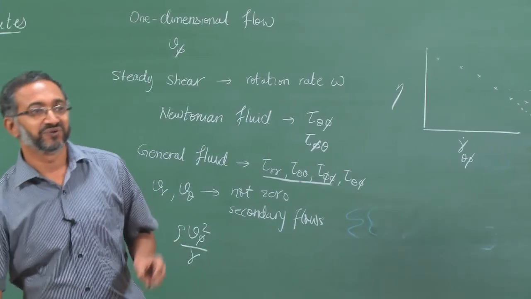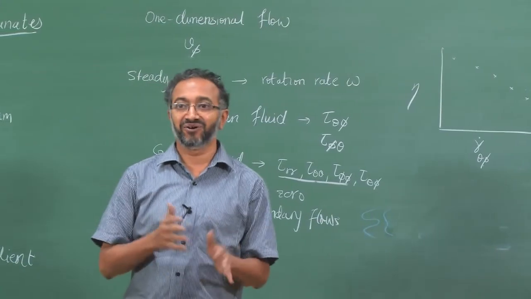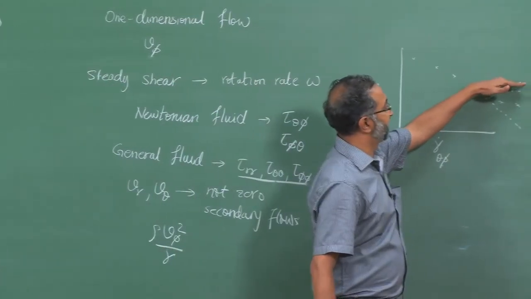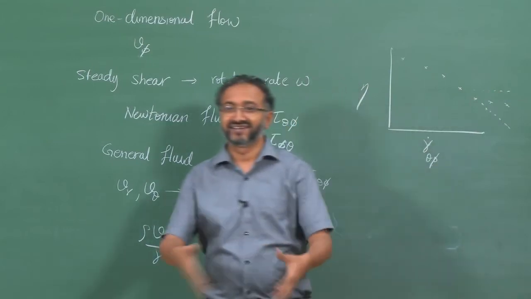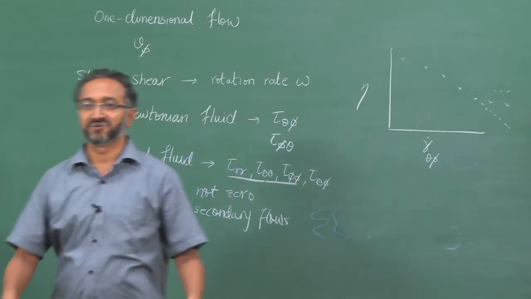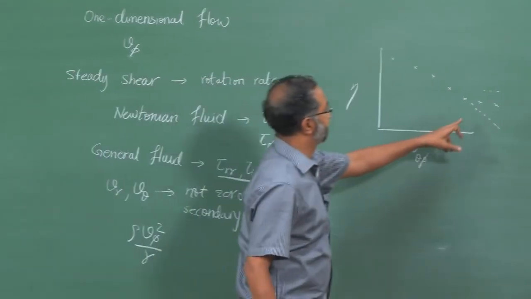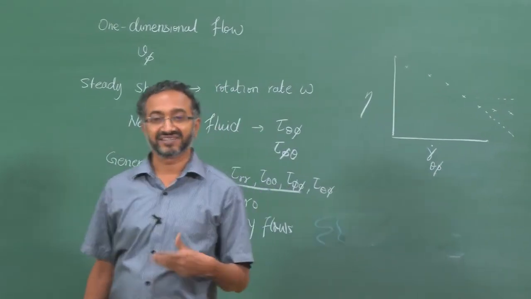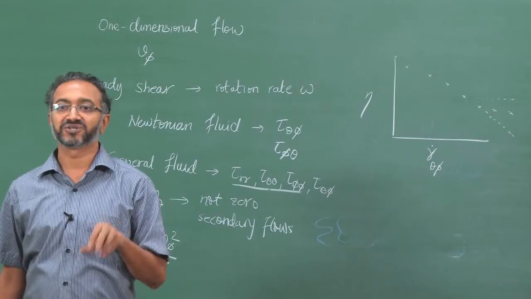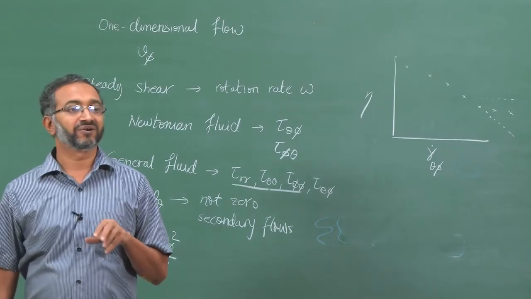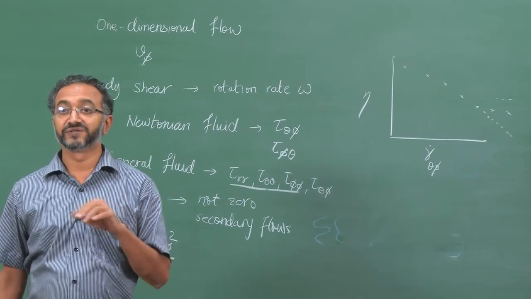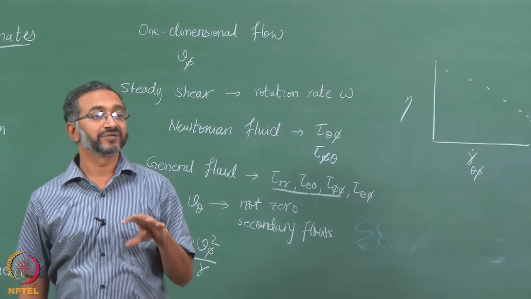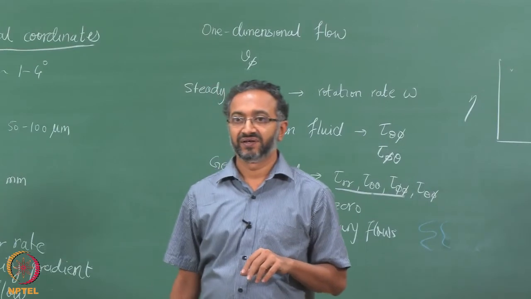So, therefore, you need to do careful examination of the working condition. This is a little easier to predict because you can observe whether fluid is coming out. This phenomenon is far more difficult because you may not have access to see whether secondary flows are caused or not. So, quite often we will have to rely on flow visualization to try to see whether indeed the one dimensional flow is valid.